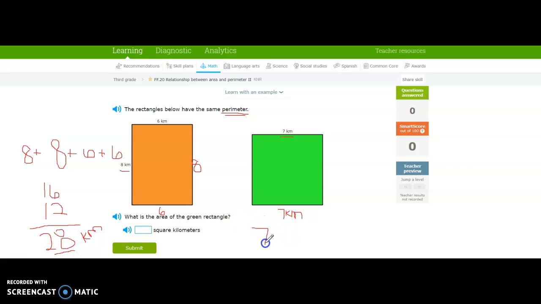So I know that 7 plus 7 plus something over here plus something over here is going to equal 28.